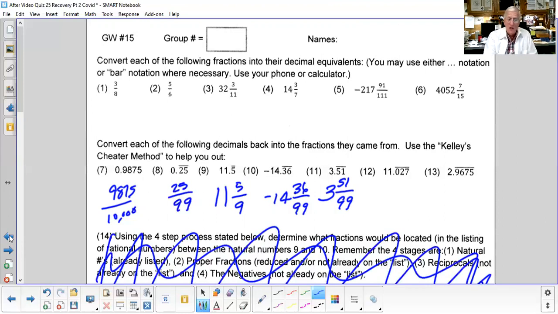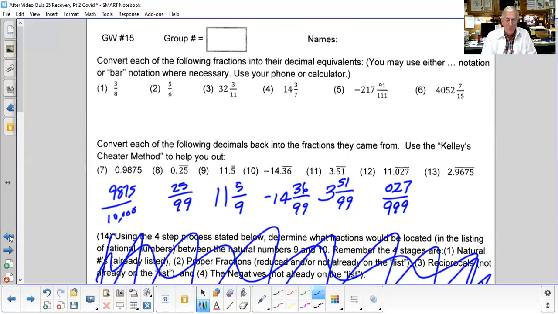So in other words, 11.027 with the bar over the 0, 2, and 7 repeats, okay, it repeats 027, 027, 027, 027 forever, okay? So you need to put the 027 over 3 9s, okay? All right, so make sure you do that, okay?